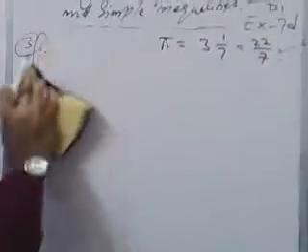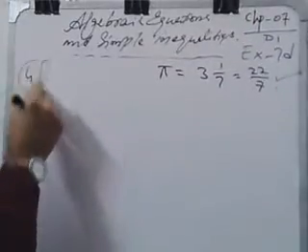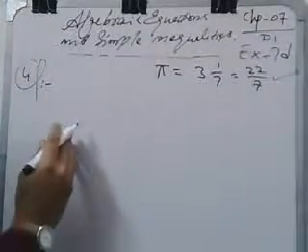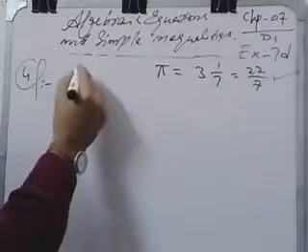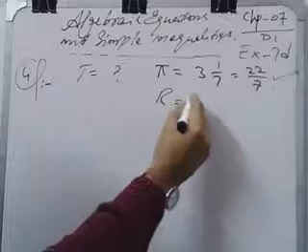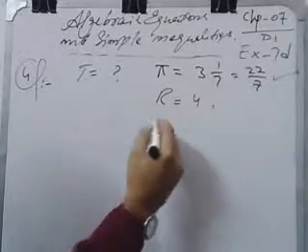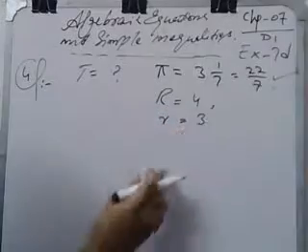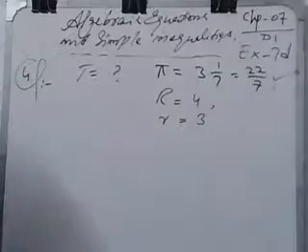Now coming to question number 4. You have been asked to find the value of T where capital R and small r are given to you.